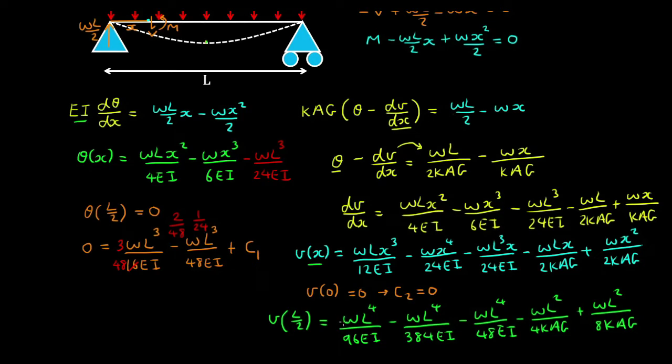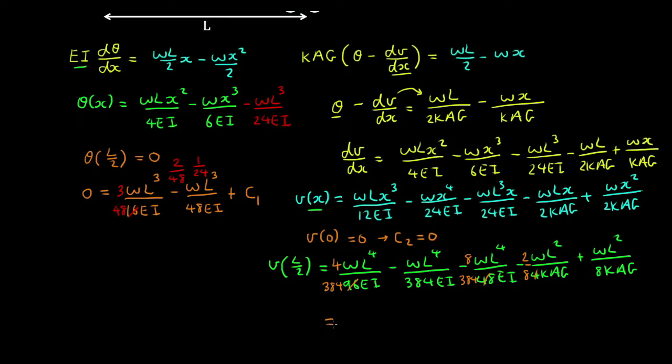So therefore, if we make some simplifications, this is 4 on 384, and this here is 8 on 384. And 1 on 4 is 2 on 8. So what we get is 4 minus 1 is 3, minus 8 is minus 5 WL to the 4 on 384 EI.